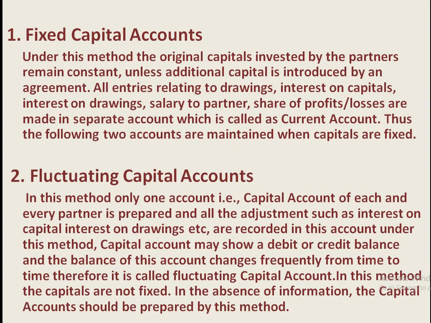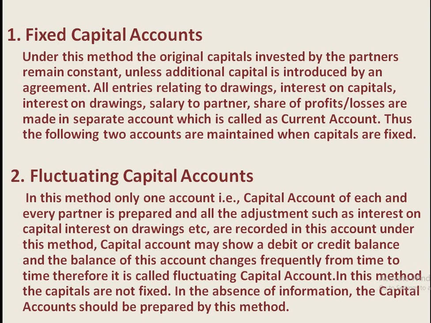But in this fixed capital account method, all these transactions like drawing, interest on capital, interest on drawing, salary to partners, share of profit or loss, are not recorded in the partner's capital account, but to record these transactions, another account is maintained, and that is called current account of partner.